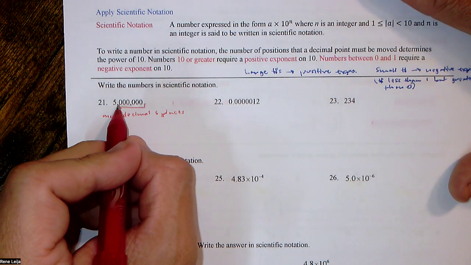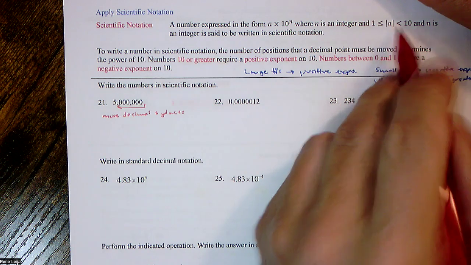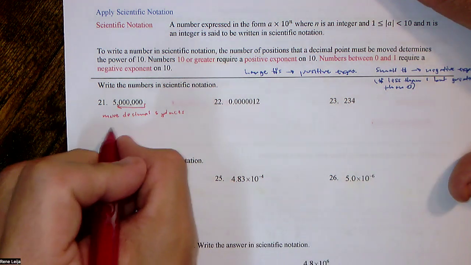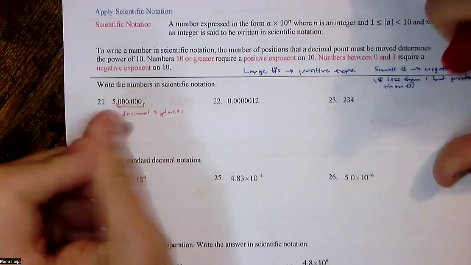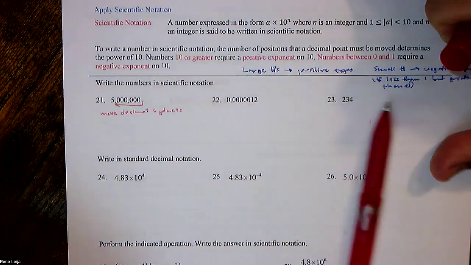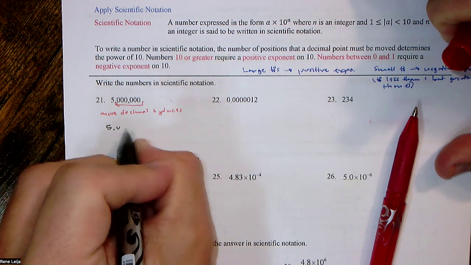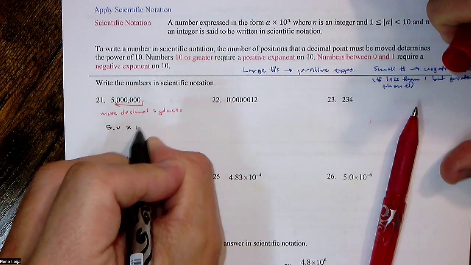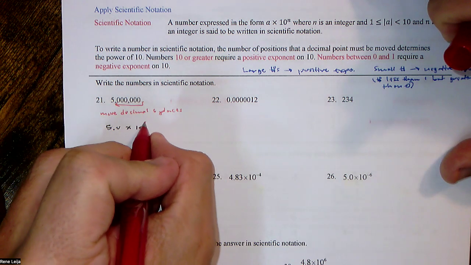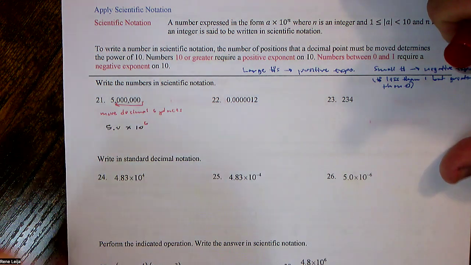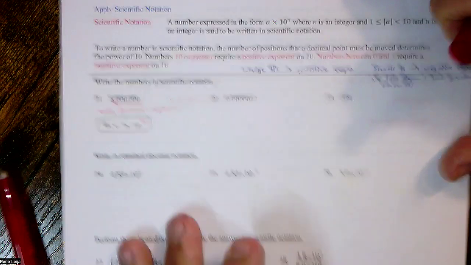So now I'm at 5 point something. Well, 5 is a number between 1 and less than 10. So this is going to be 5.0 times 10 to the, and how many places did we move? We moved it 6 places. And that's the scientific notation for 5 million.